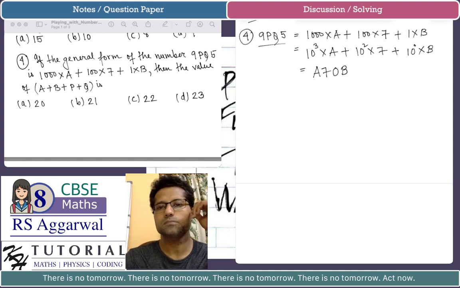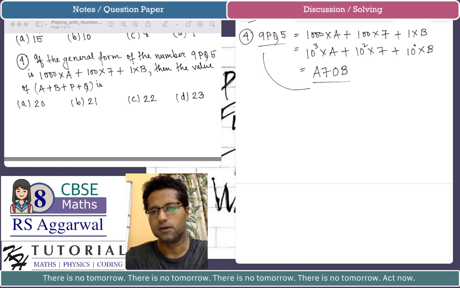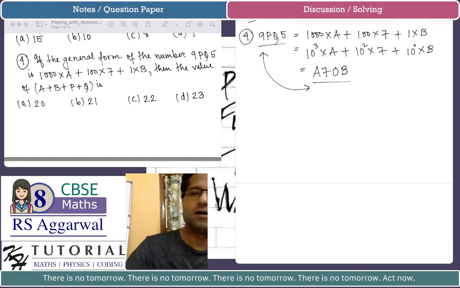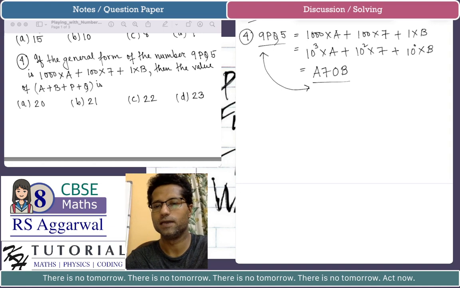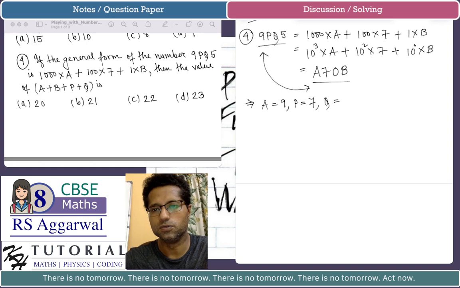So we have to now just match the digits; these two numbers in usual form are equal, or denote the same 4-digit number. So we can just compare the corresponding digits and find the value of A plus B plus P plus Q. We can clearly say that A has to be equal to 9, P has to be equal to 7, Q has to be equal to 0, and B has to be equal to 5.